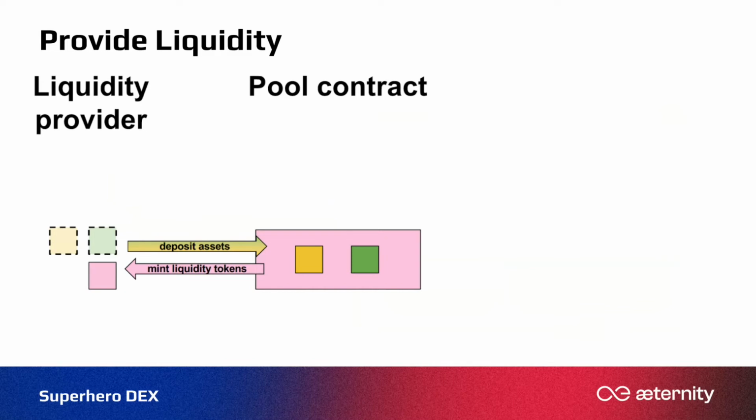And so, let's say there is already a pool that has a total liquidity of 50 tokens, and I'm adding in another 25 of green and another 25 of yellow, the total liquidity of the pool would now be 50 tokens. And this means that I then would end up getting a 50% share of the pool.